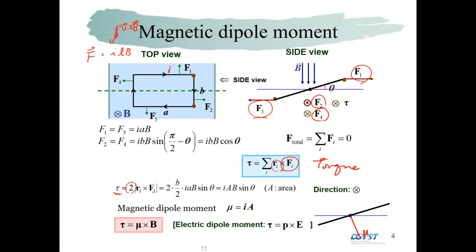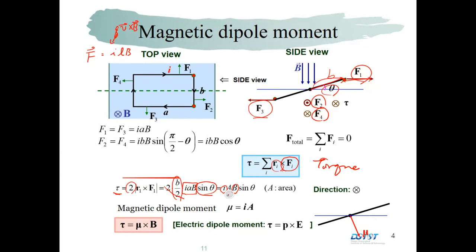R cross F1: F1 is here, R is half of the length B, and the angle between the R vector and the F vector gives sine theta. So the 2 cancels out, and we have current I and B field.